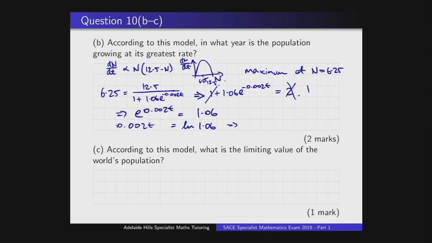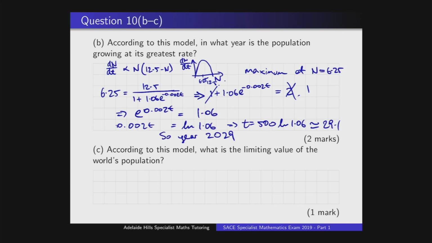And so t is equal to basically 500 times the log of 1.06, which is approximately equal to 29.1. Okay, so that's in years since the year 2000, so the year is 2029. And it's in fact around 0.1 into that year. Okay, so it's sometime in February.